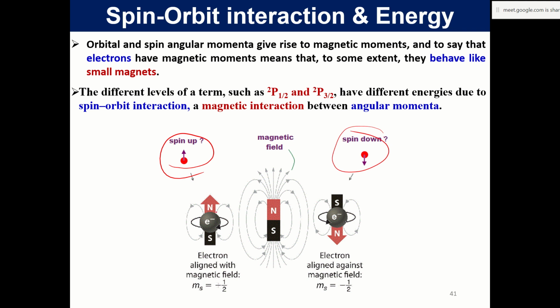So this magnetic dipole, when we say spin up, that means it has north and south poles arranged like this, with ms plus half. If ms is minus half, that is the spin down situation, and this is what happens.